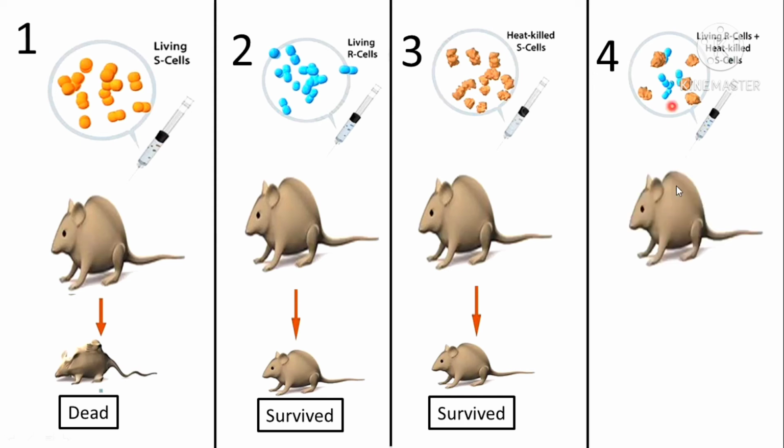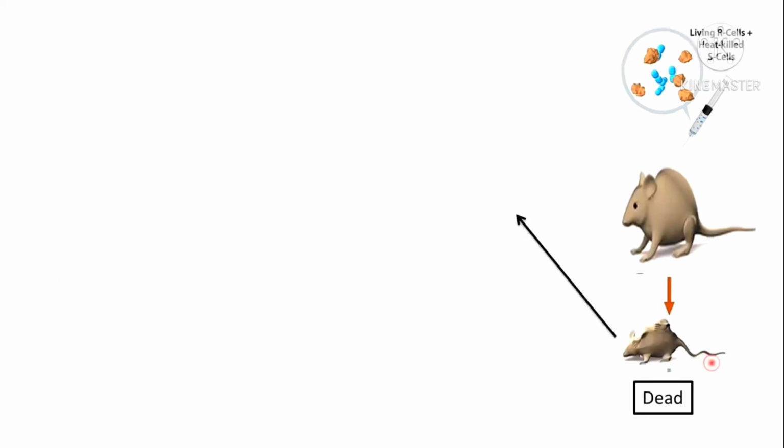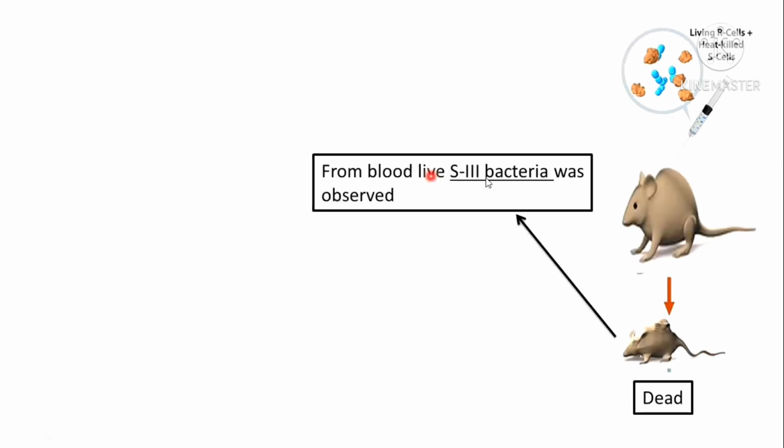But guys, mice died. So to know why the mice died, blood samples from this mice's heart were collected, and Griffith observed that in the mice blood there were live S3 bacteria and even live R2 bacteria.